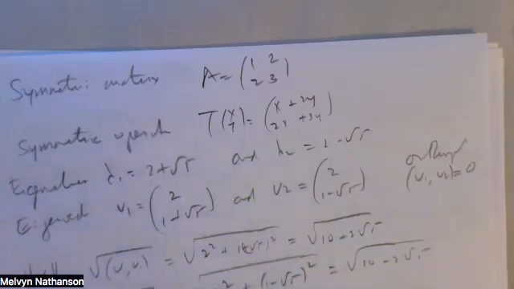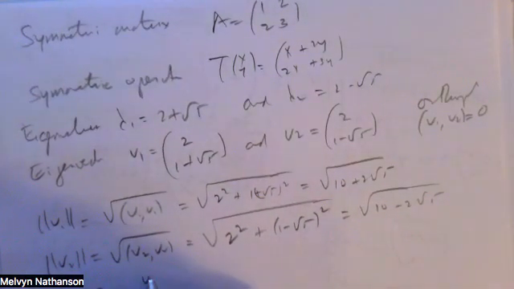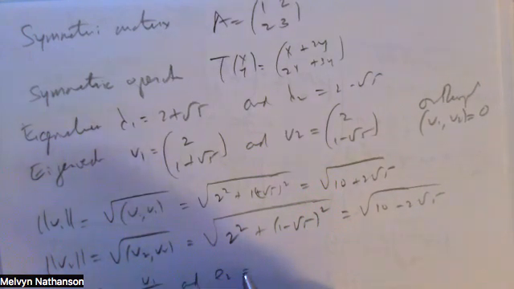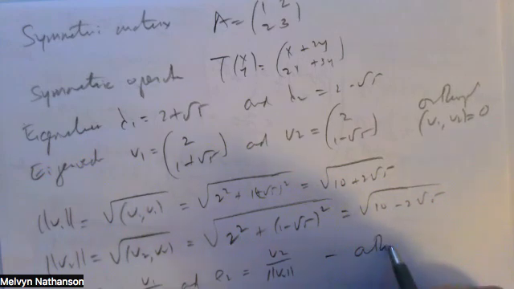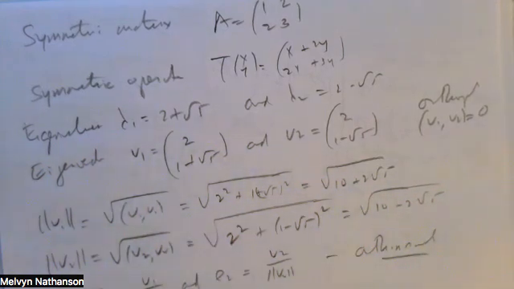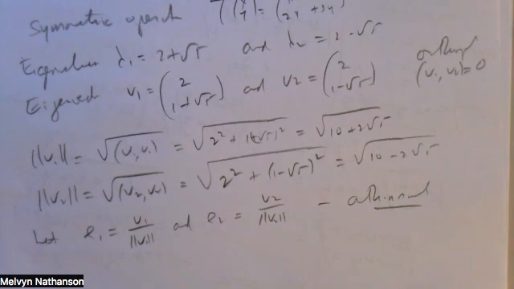And if I let E1 be the vector v1 divided by its length, and E2 be the vector v2 divided by its length, these vectors are now orthonormal. So for this symmetric operator, or this symmetric matrix, we have an orthonormal basis for the vector space, which is always very, very nice.